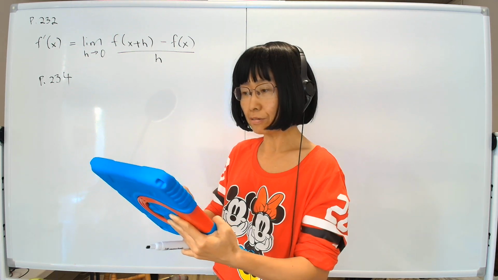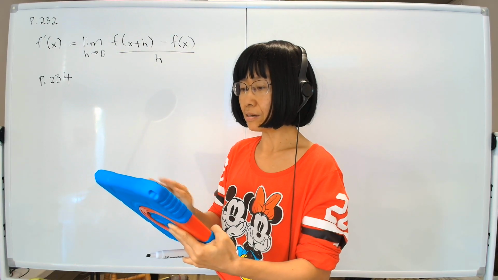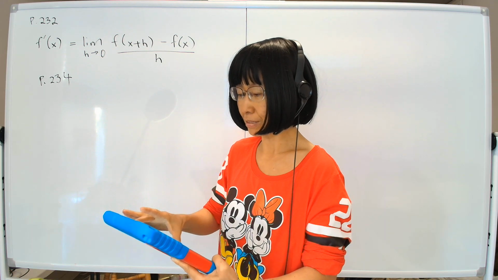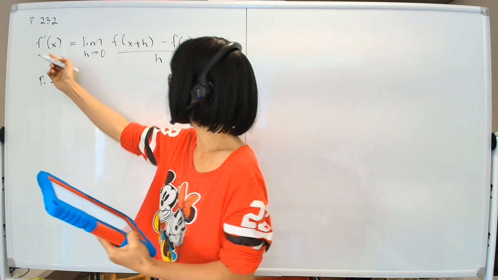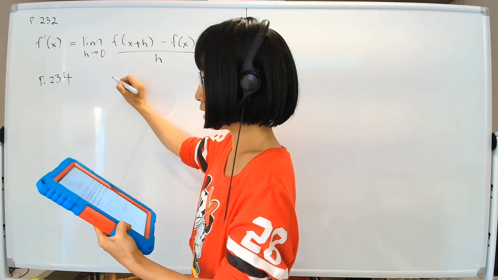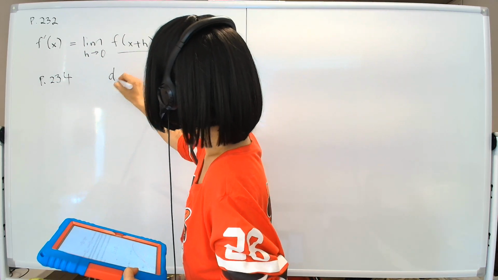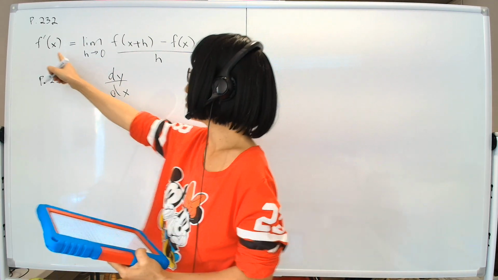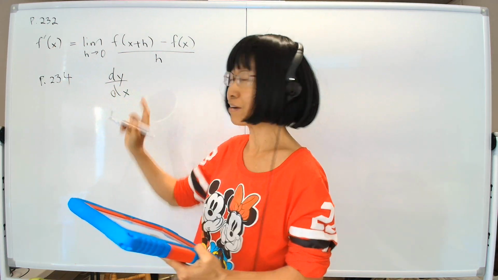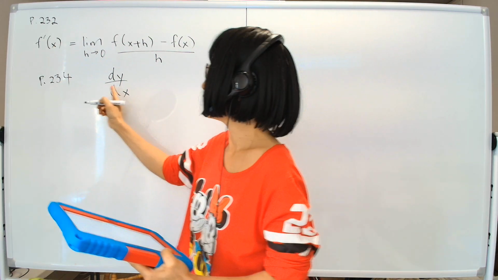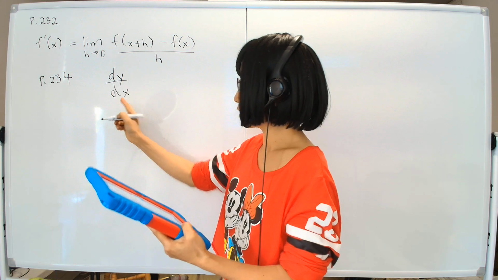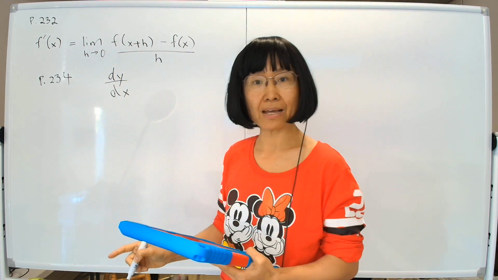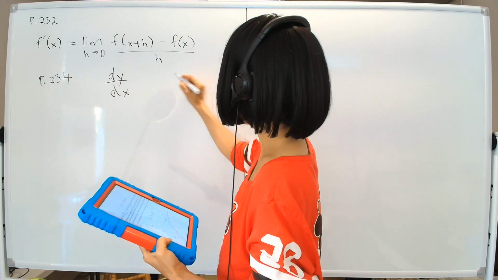But there's more than one way to express it. There is also, as in your book, top of the page, f prime of x is sometimes also written as dy by dx. This is the exact same thing as this. This is not a fraction, even though it looks like it. It's just this thing. The y represents f of x, where y equals f of x.